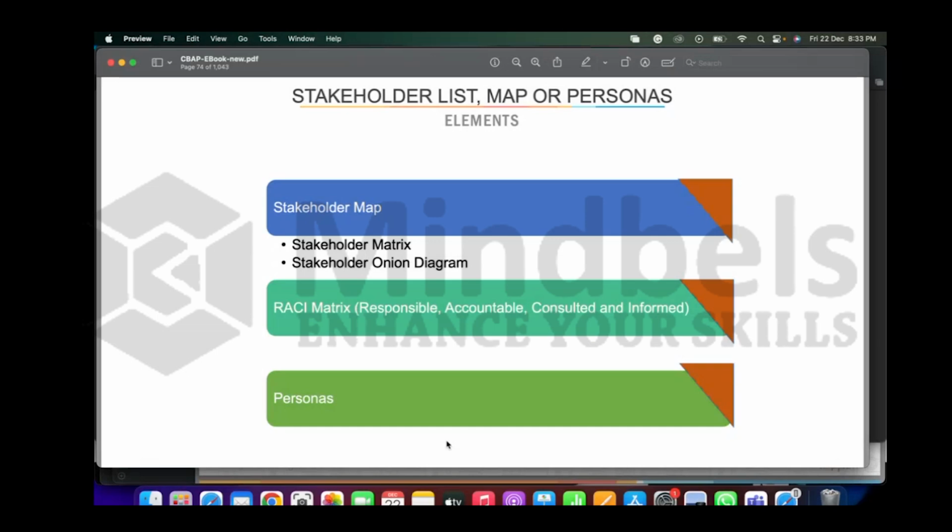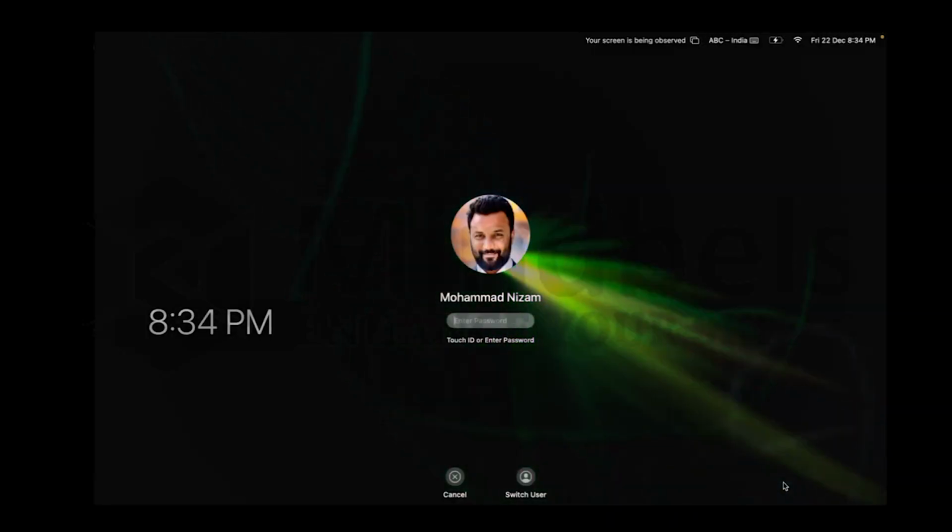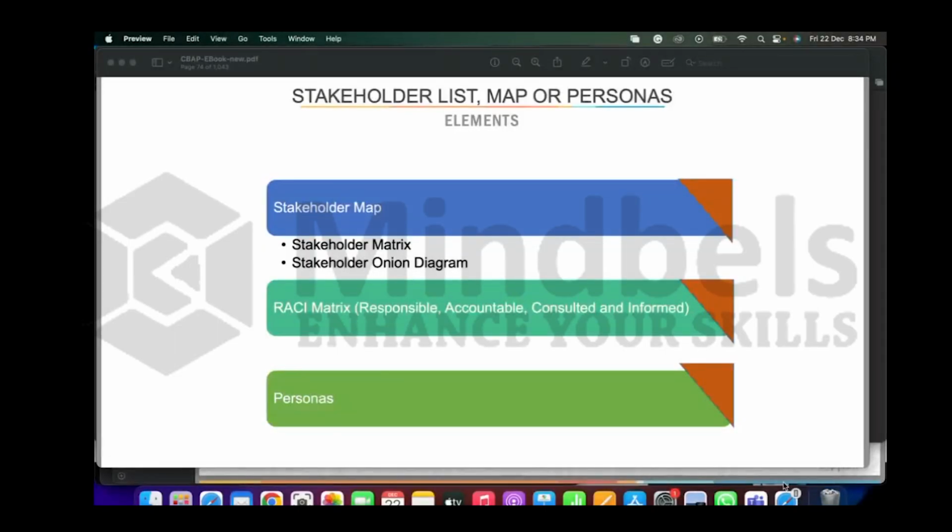And the RACI matrix: responsible, accountable, consulted, and informed. This RACI matrix is very important, because it is an assignment chart that shows how every task, every activity, every milestone of the project is being done. In simple terms, let's say Nizam is a BA.